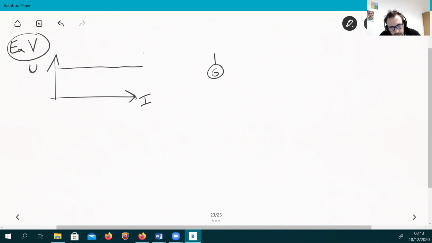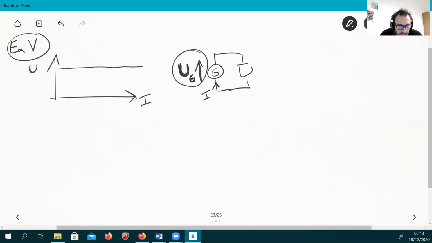So when you plug a voltage generator to whatever circuit, it always delivers the same voltage, and it adapts the intensity, the current, flowing through this branch, so this voltage is fixed.